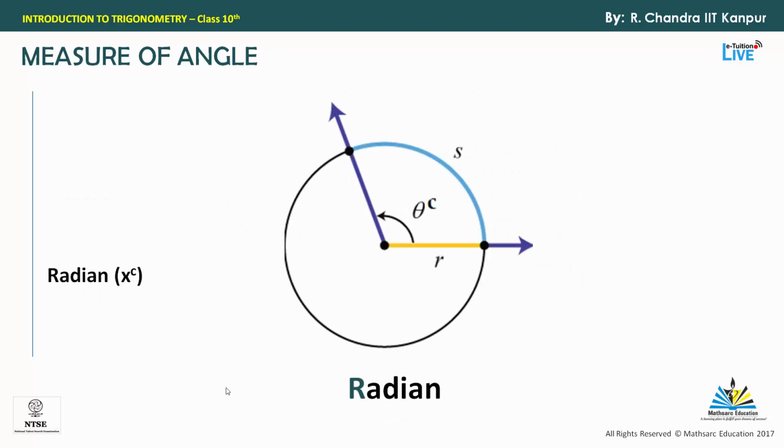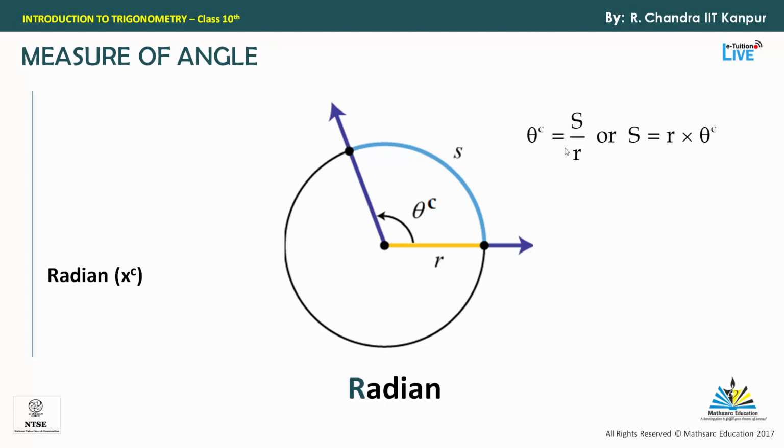Next we have radian. The symbolic representation is c, as you can see here. There is a circle and an arc length s. This angle we have measured as theta c, and theta c is representing the angle in radians. Let's say this is a circle of radius r, and the arc length s makes angle theta c at its center.